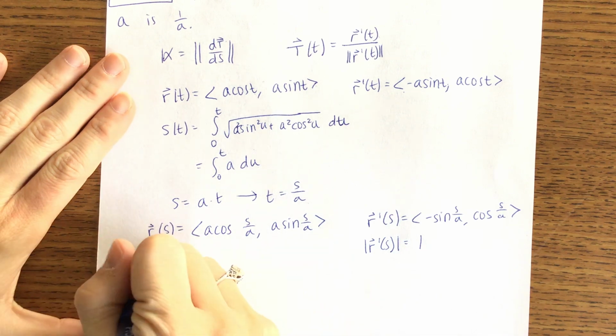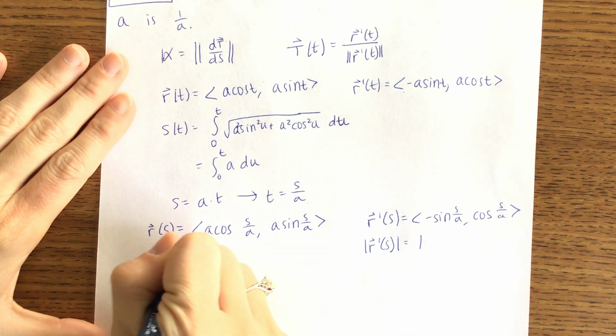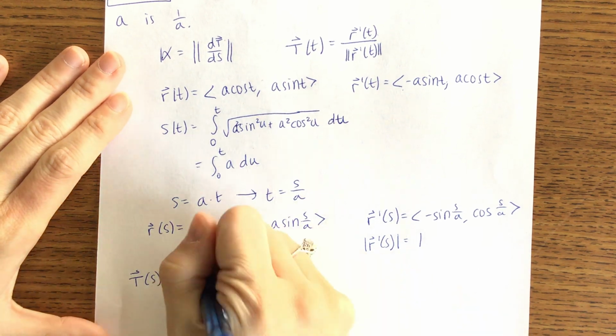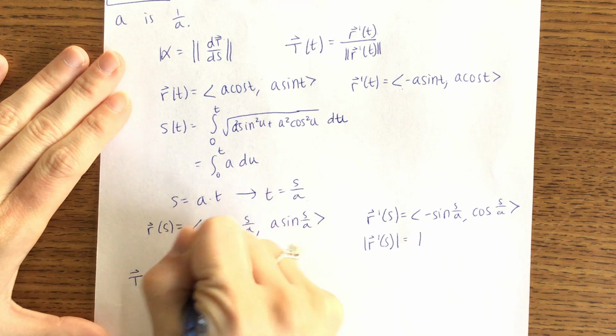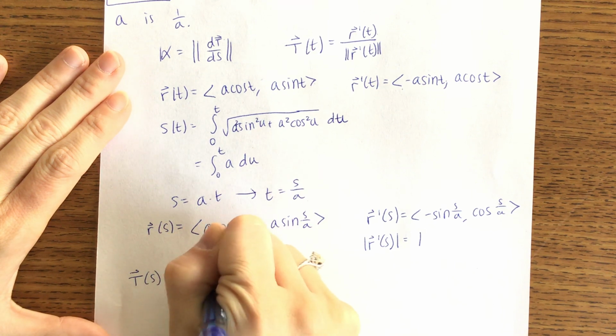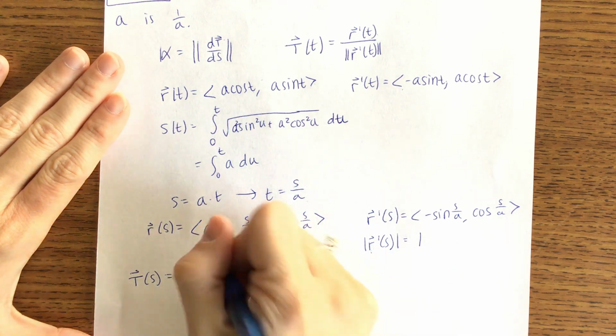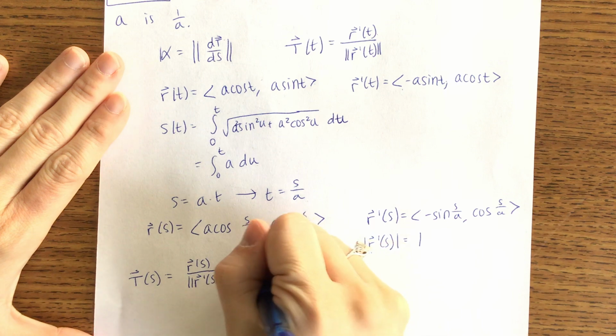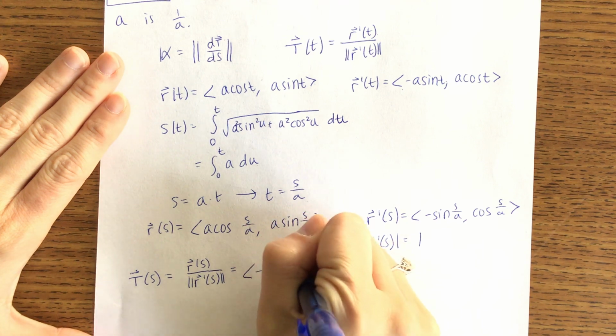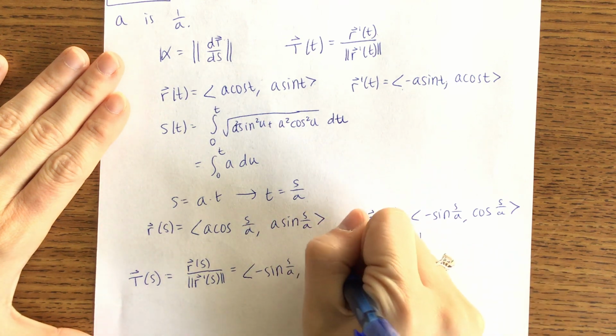You're going to end up with 1. We ultimately want T of s, which is going to be r prime of s over the norm of r prime of s. Now, we already said the norm is 1, so our unit tangent vector will be negative sine of s over a, and then cosine of s over a.